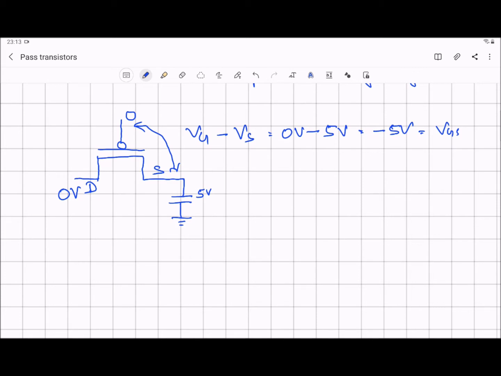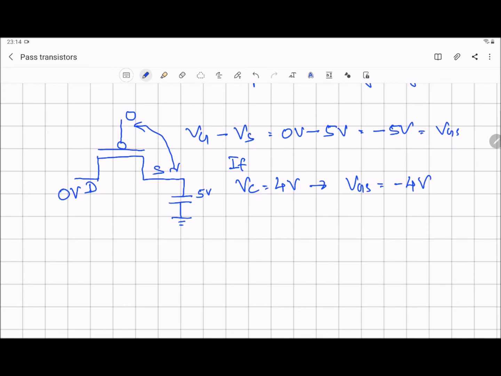And during this process, the value of VGS is changing. So let us assume that the voltage across the capacitor is 4 volt. So if Vc is equal to 4 volt, it leads to the VGS value equal to minus 4 volt.